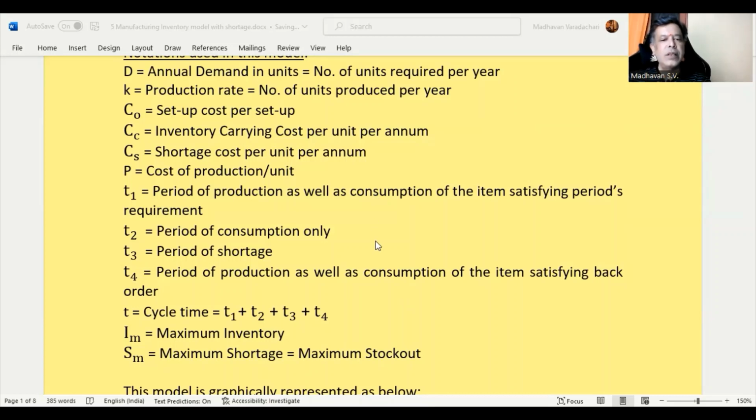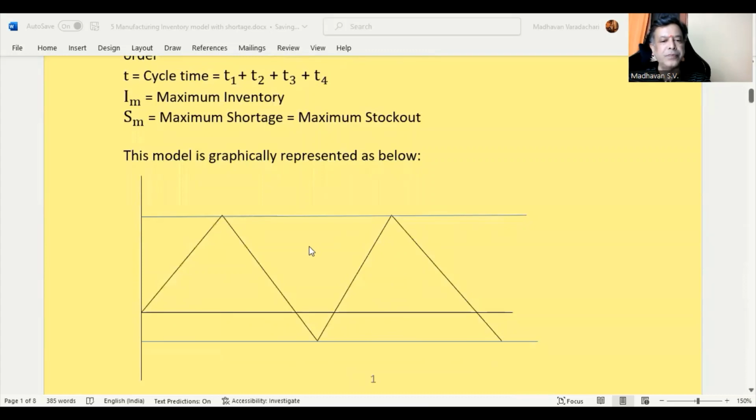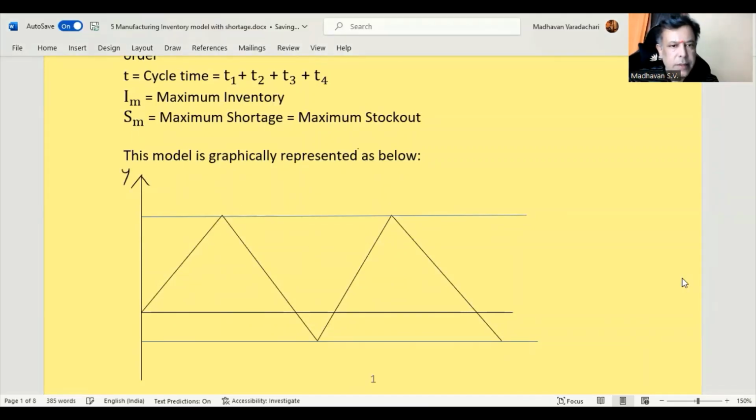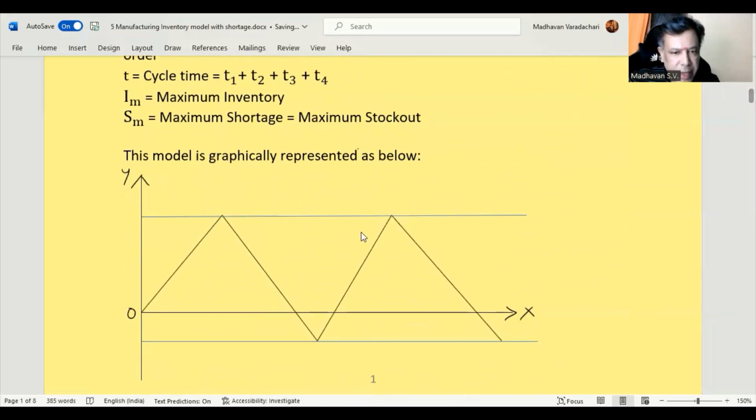So based on this, we will understand the graphical representation of this model. Here we have the y-axis, and this is our x-axis. And this is our origin. And initially, what we do is we consider the time period T1. Let me split this into two parts.